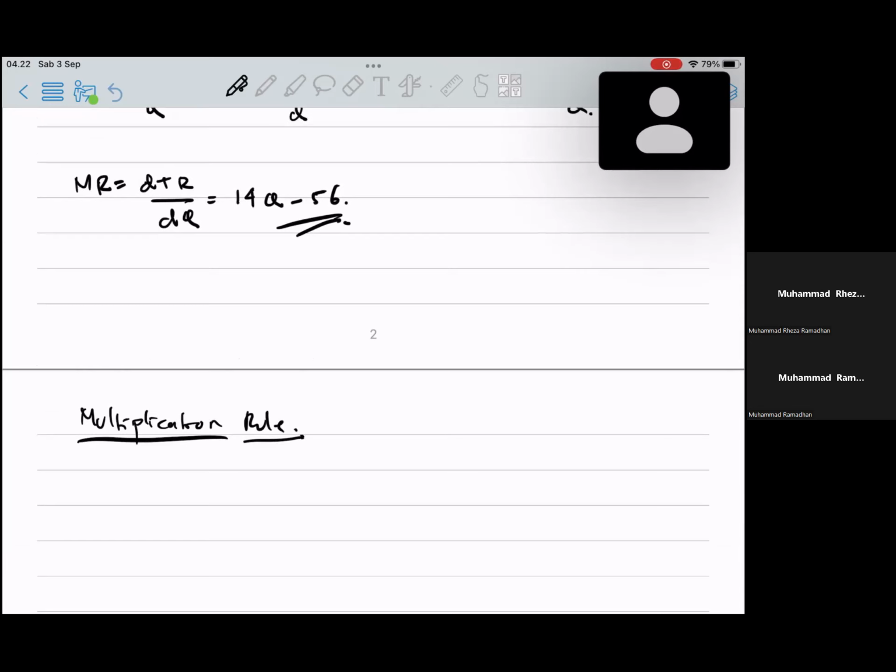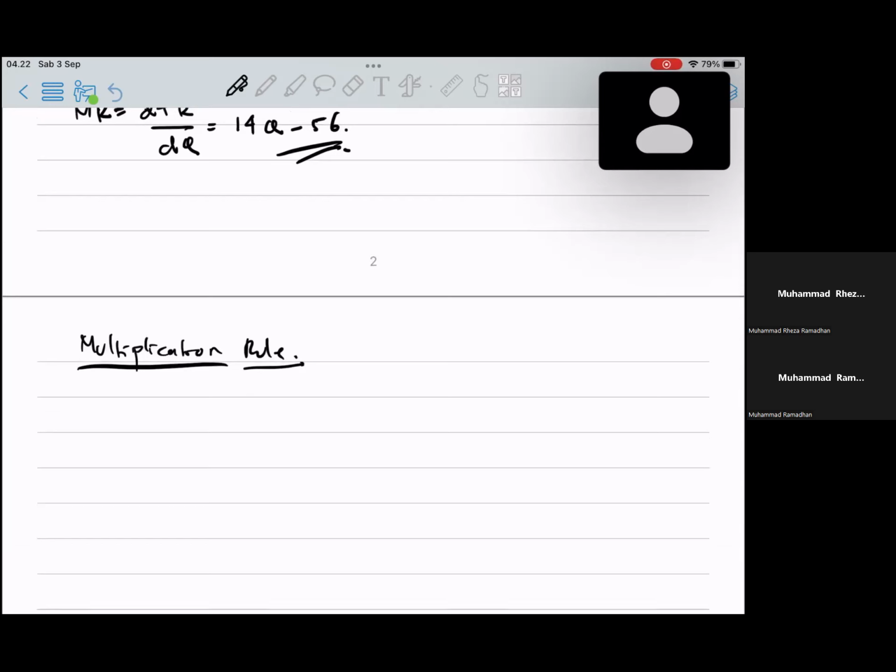There is another name for the multiplication rule, but I'm used to using the name multiplication rule for this rule. So for example, if you have y is equal to 4x plus 3 squared and something like that.